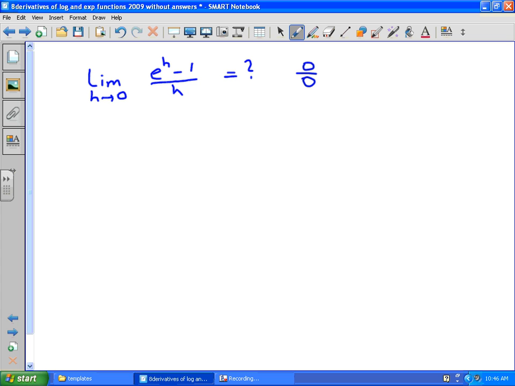That means you have to do something more to get rid of the indeterminate form. Sometimes you multiply by a conjugate, sometimes you factor. None of that applies here, right? So what we really need to do is use a numerical or tabular method. So let's go to the calculator. Go to your y equals screen. It's hard to enter an h into the calculator, so enter x. In parentheses, e to the x minus 1.